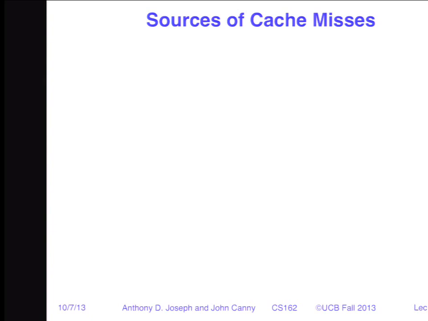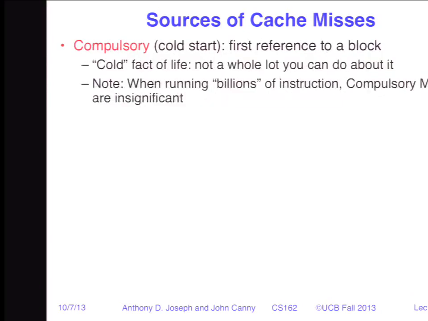What'll be another one? Yes, if we've never accessed something before, it's not going to be in the cache. So that's our first miss. That's a cold start or compulsory miss. The first time you reference something, you have to load it into the cache.